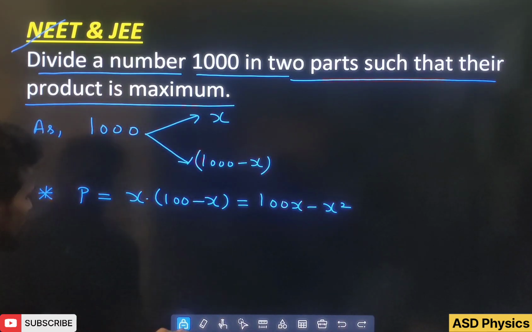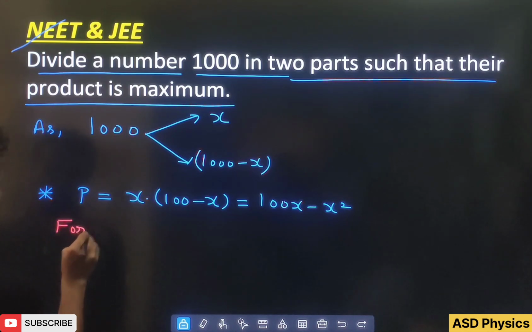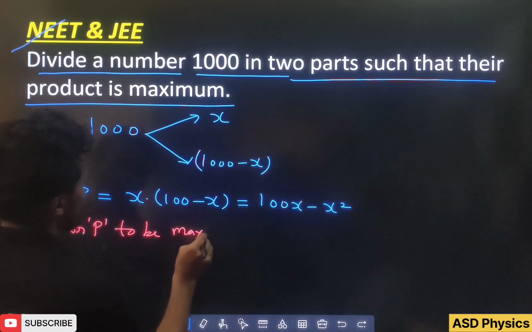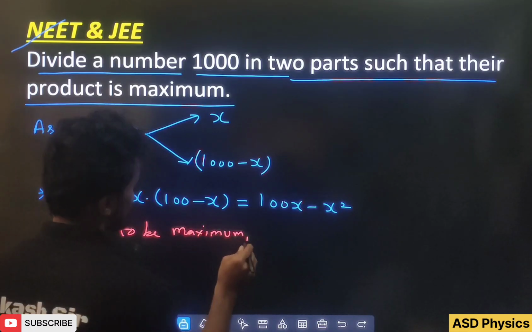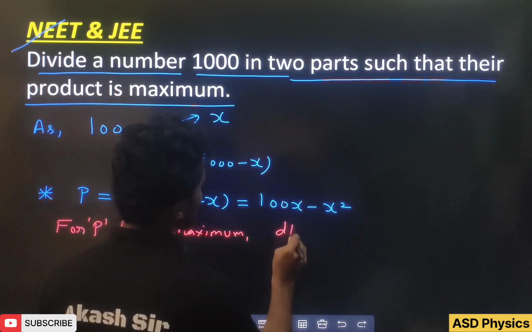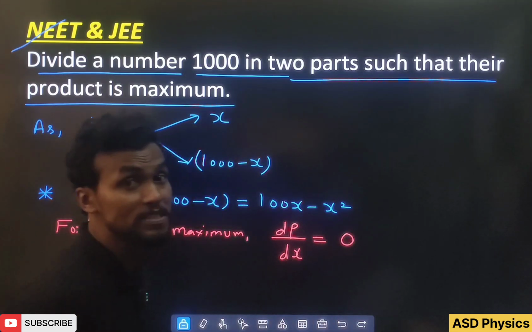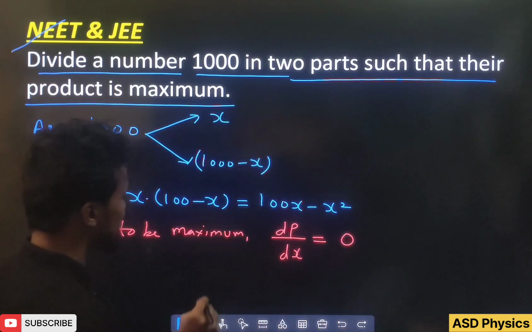You know very well, for the product p to be maximum, we first calculate dp by dx, which should be 0, because x can be anything.